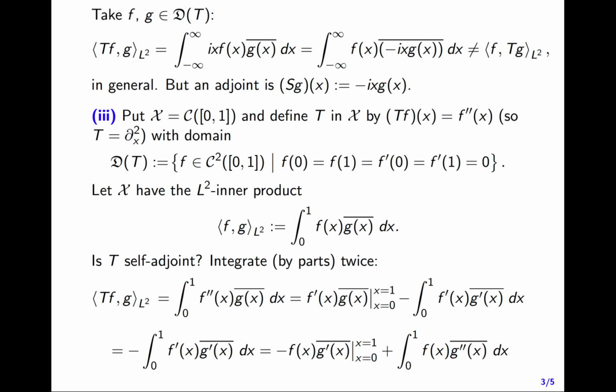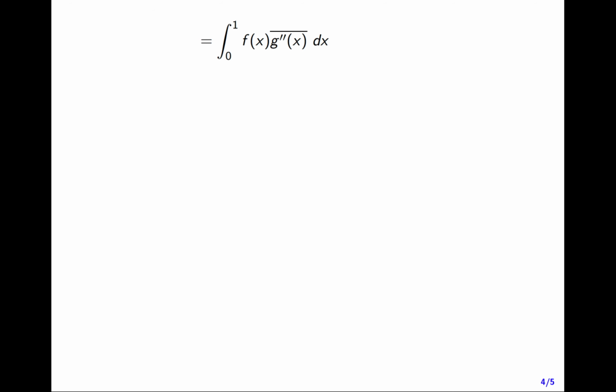Once again, we'll see the boundary terms minus f(x) conjugate g'(x) vanish because f(0) is equal to 0, f(1) is equal to 0, and the same thing for g. So the whole thing just turns into the integral from 0 to 1 of f(x) times the conjugate of g''(x), and that, of course, is equal to f inner producted with Tg, so T is self-adjoint.